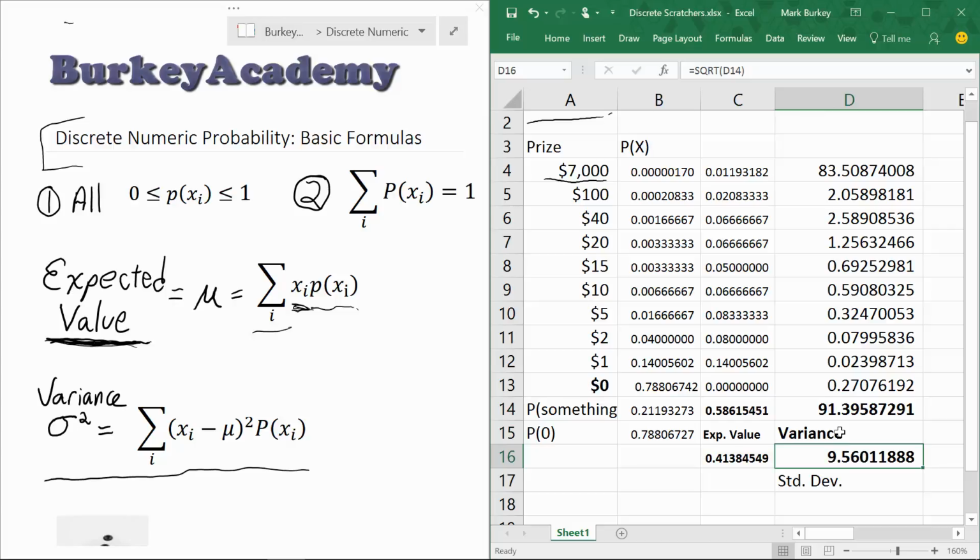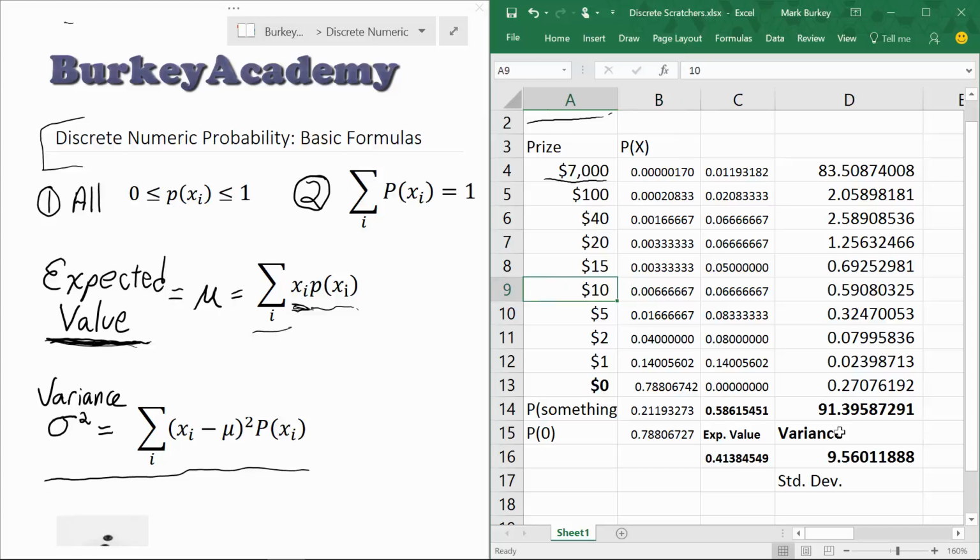Now in this case that interpretation is very strained and doesn't make a whole lot of sense, because if we subtract $9.56, we're going into negative values, which are impossible for this particular ticket. And if we add $9.56 to the expected value, that's taking us up a little bit above $10.